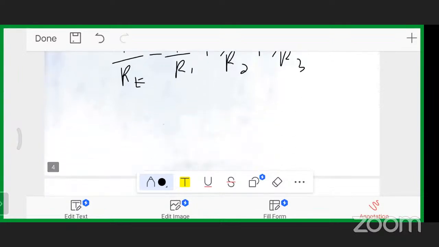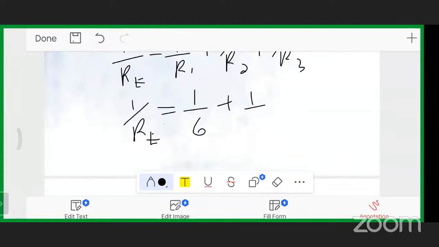Then you say that 1 over RE, where RE is effective, will be given as 1 over, what was the value of R1? 6. Plus R2? 4. Then R3? 10. Then please solve this algebraically, the way you do in mathematics.